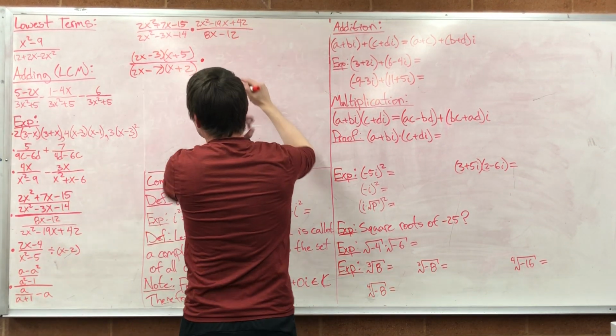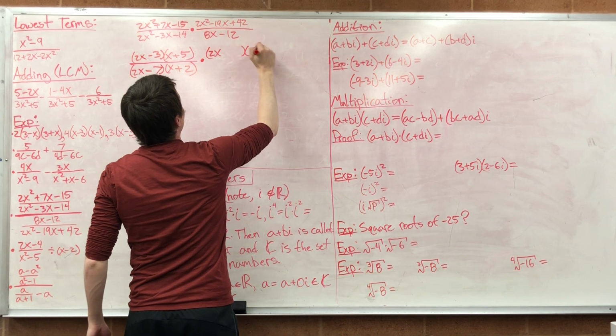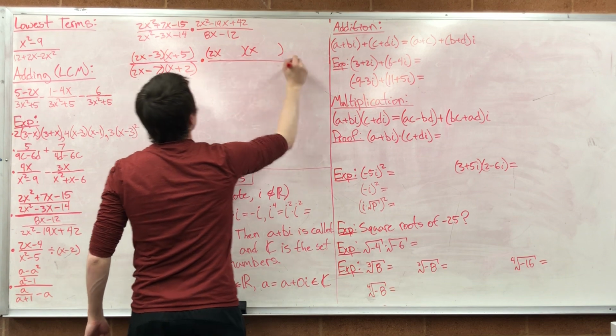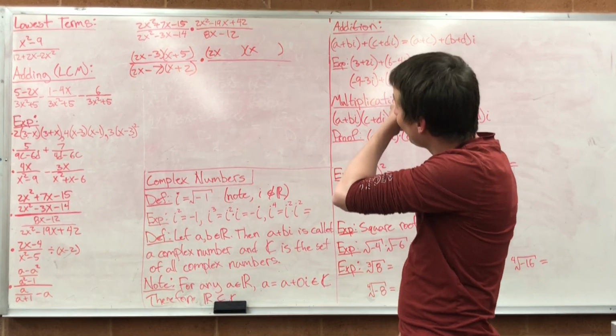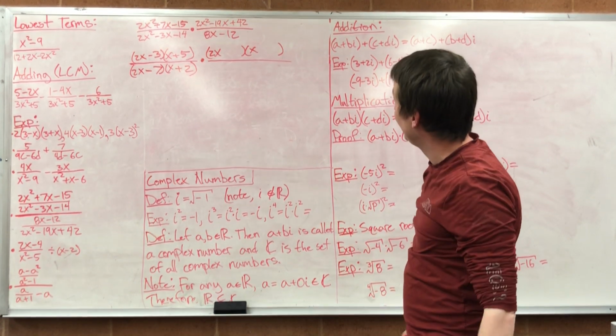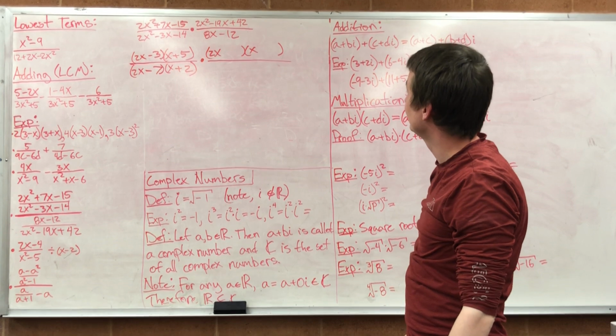Times, factoring this thing out, we're going to have 2x and an x. Let's see, 42, we could write that as 7 times 6.